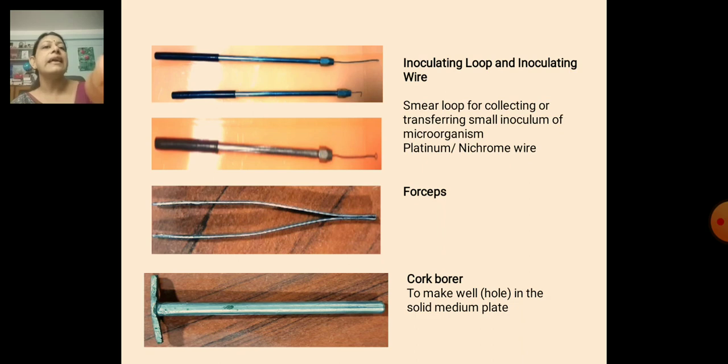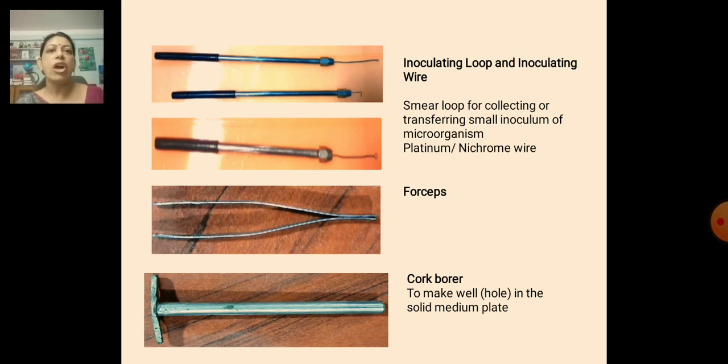While heating, the entire handle cannot be heated; only the wire or the loop can be heated. So no part of the glass or metal handle can be touched to any part of a test tube or bottle, otherwise we cannot keep it contamination free. For this reason, the wire needs to be long, and it is made of an inert material, either platinum or nichrome wire.